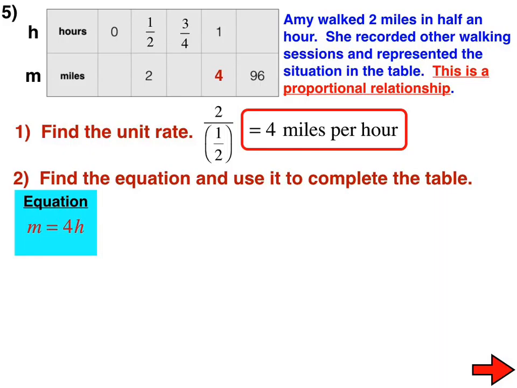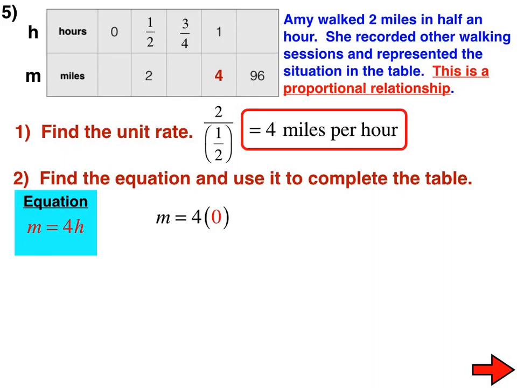Now it should be pretty easy to fill out the rest of the table. The first one is 0. You can either use common sense and think, if I spent 0 hours walking, how far did I go? 0. Or in your equation, m equals 4 times 0, which would be what? 0. Three-fourths.